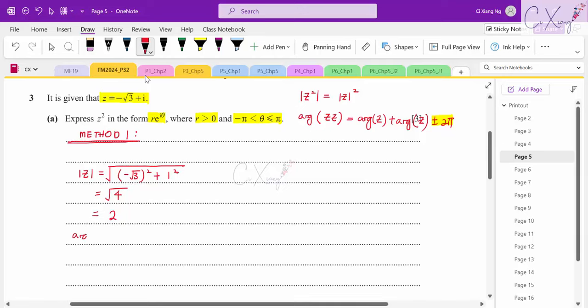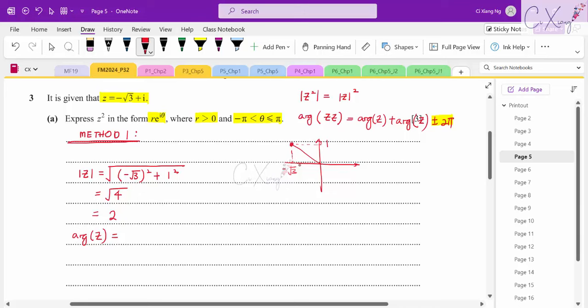And how can I get the argument of z? The argument of z, basically, negative square root 3 plus 1, is in the second quadrant. This is negative square root 3, and this is the 1. So this particular complex number should be in the second quadrant.